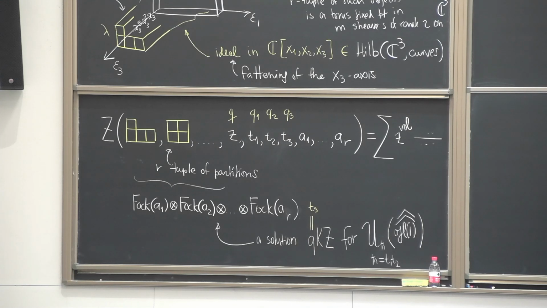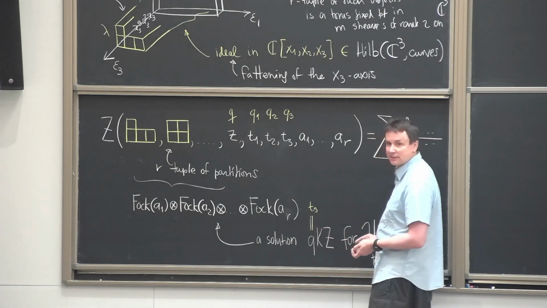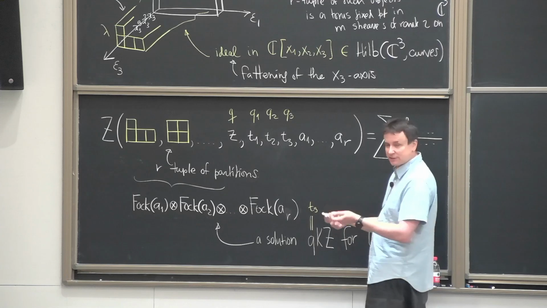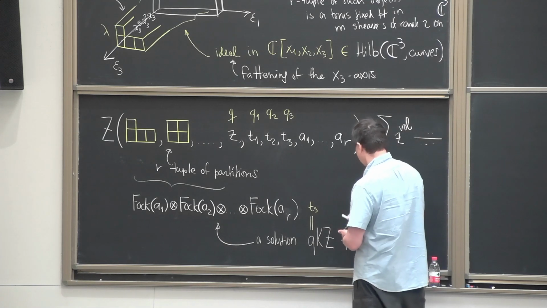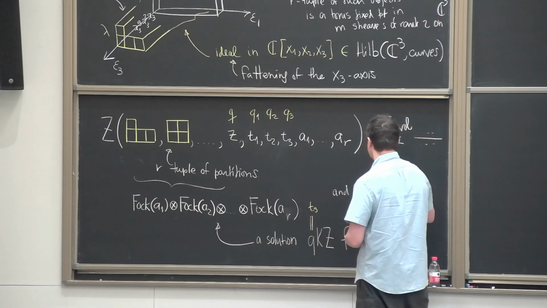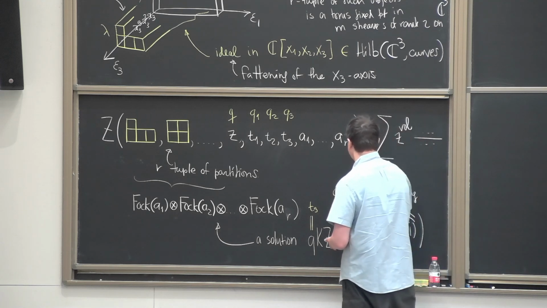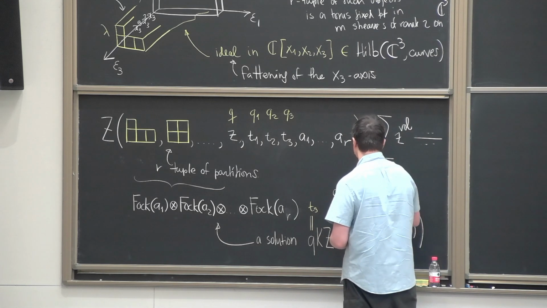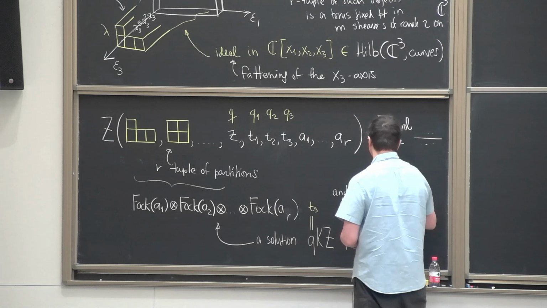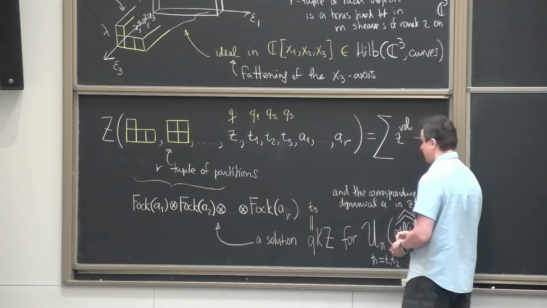So QKZ is maybe one of the, and associated with QKZ there's some other system of difference equations, which is also very important, and the corresponding dynamical equations, in the variable z.